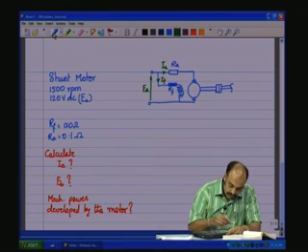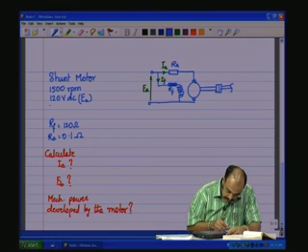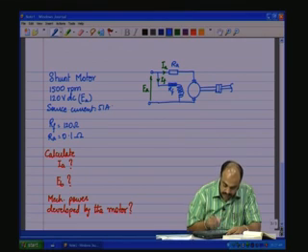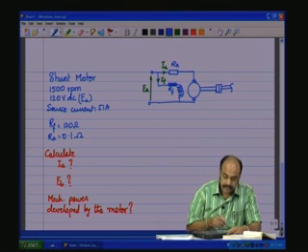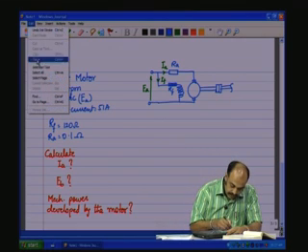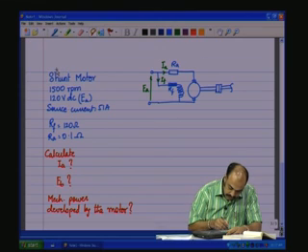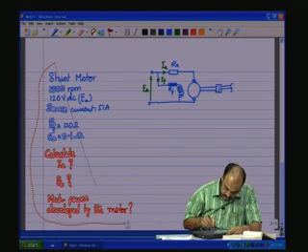What we take here is the source current as 51 amps. Okay, instead of saying IA is 51 amps, let me take it as the source current of 51 amps.